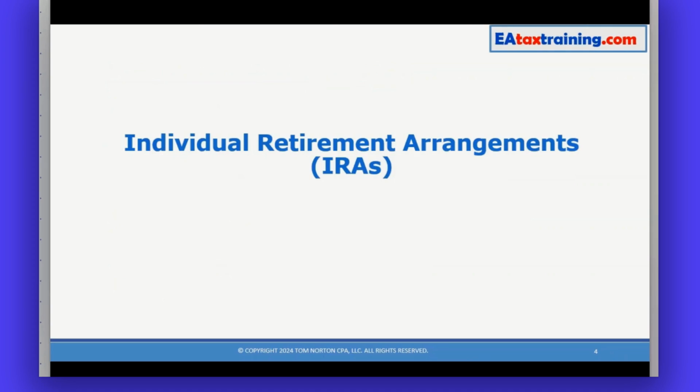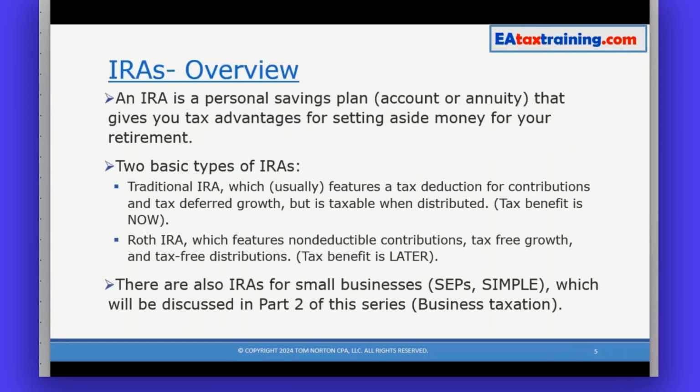Any of those phrases is perfectly fine, and we will use them interchangeably as we go through this video. So what is an IRA? It's a personal savings plan, an account, or an annuity that gives you tax advantages for setting aside money for your retirement.